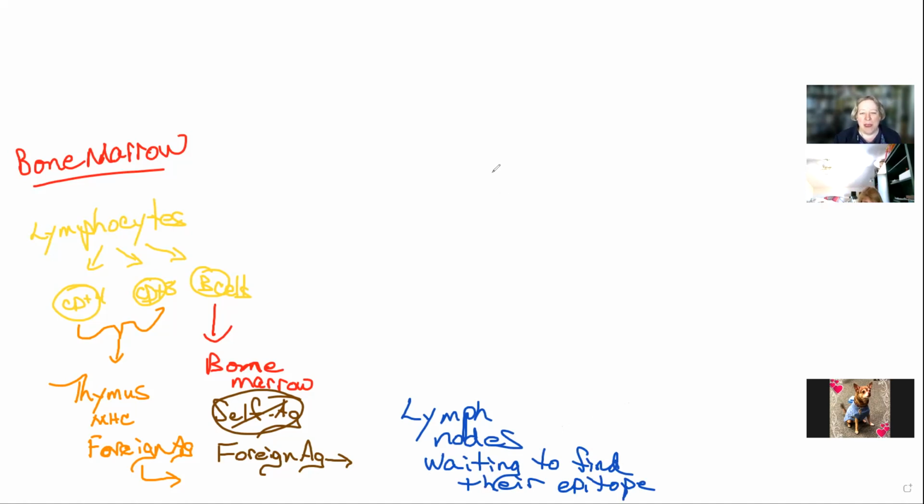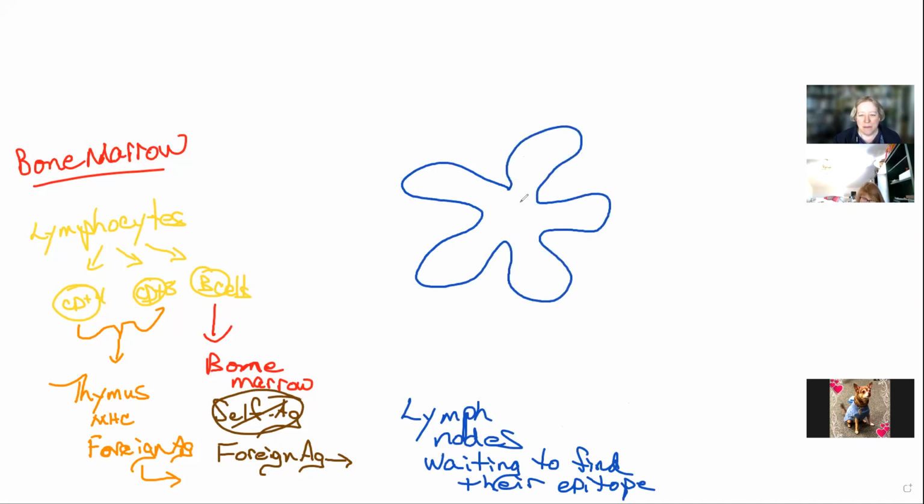And what happens is we have antigen presenting cells. Okay. And so we have antigen presenting cells that show up in the lymph nodes and other lymphoid tissues. Okay, and all of our T cells, okay, gather around looking to see if the antigen that's being presented matches up.